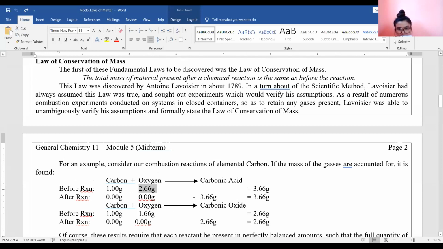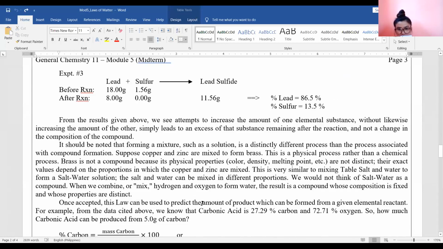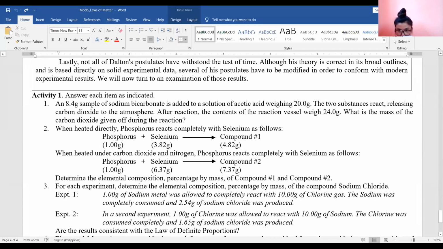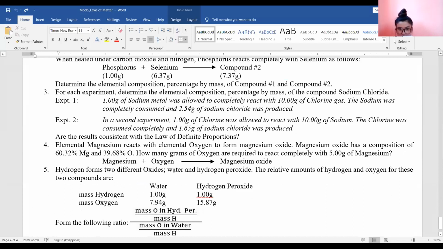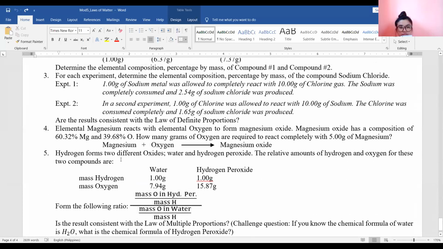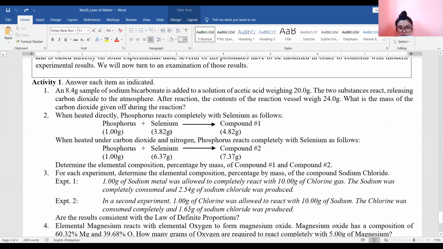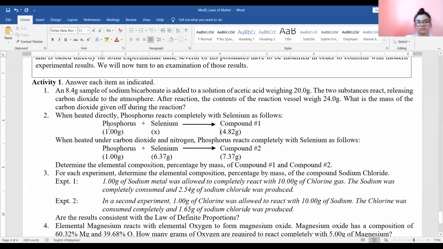If you look at it as a problem later on, there is a problem here wherein I gave the mass of the compound and you're going to find the mass of one element. For example, here, I will mark the mass of selenium as X. This is just an example. If I make the mass of selenium X, and the mass of the compound is 4.82, and phosphorus is 1 gram, just simply subtract 4.82 grams by 1 gram.